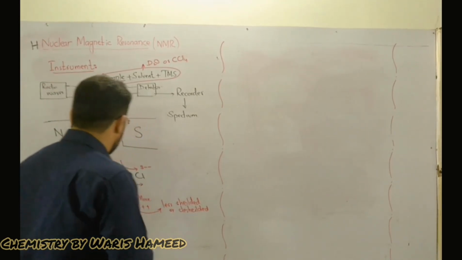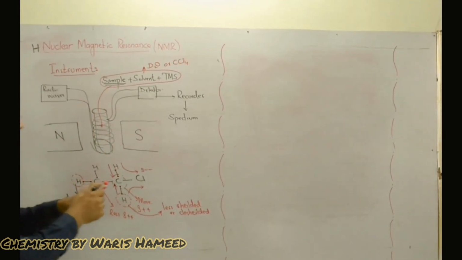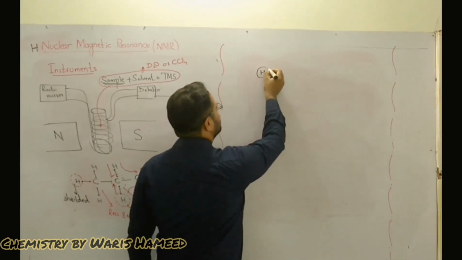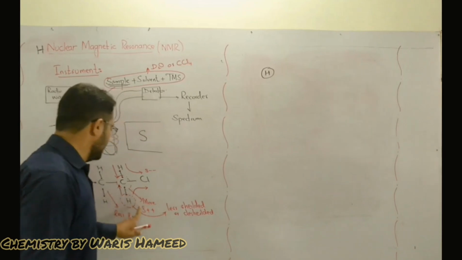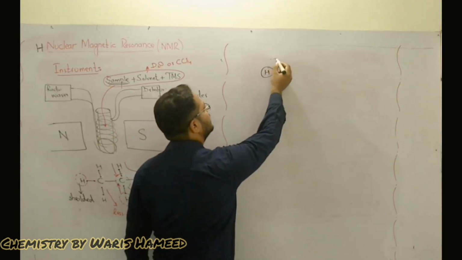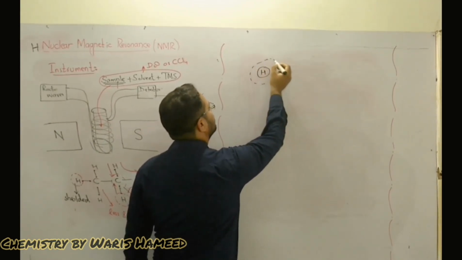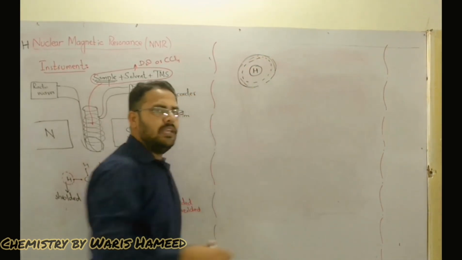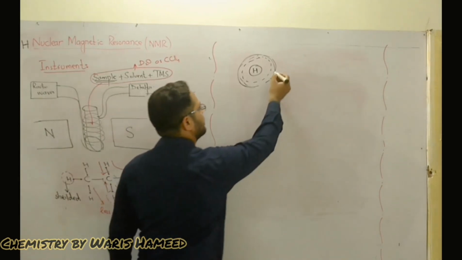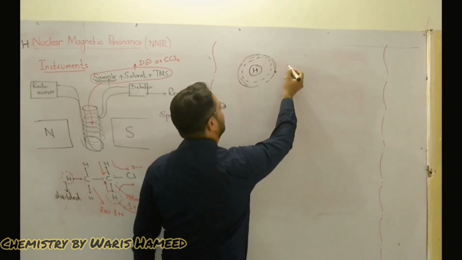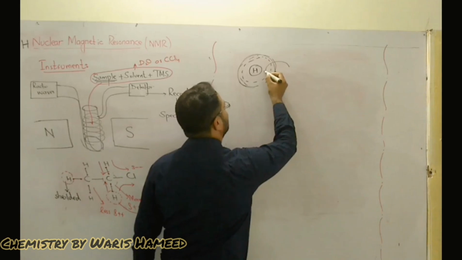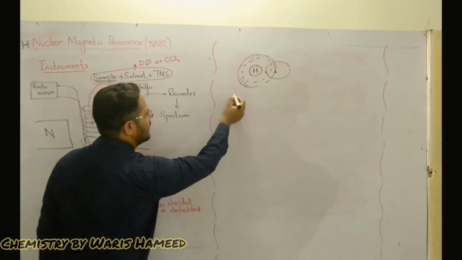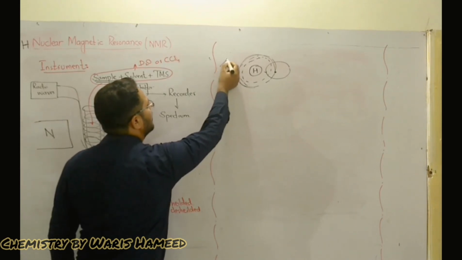Now, if we apply an external magnetic field, the hydrogen which is de-shielded has electronic density toward itself, but in a very small amount, and this electron has a field around itself, and there is the external field applied on it.